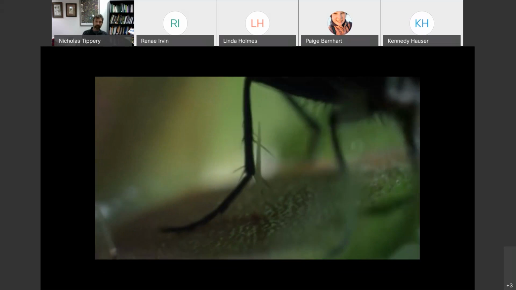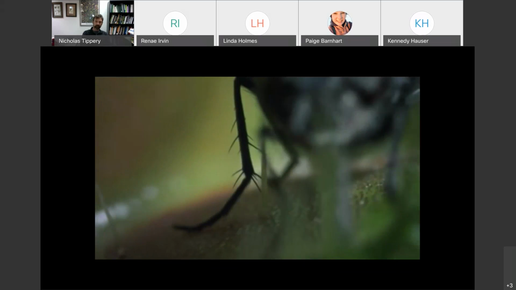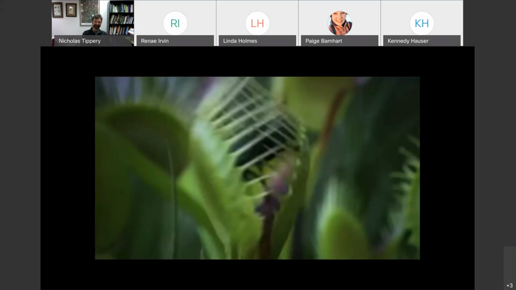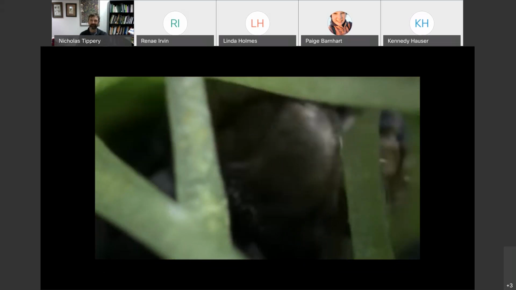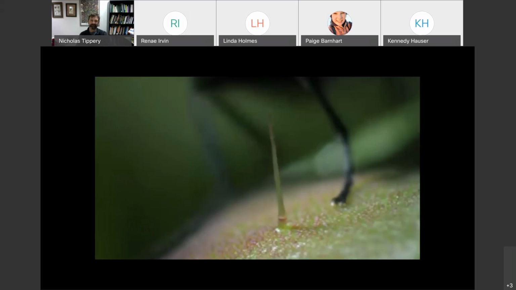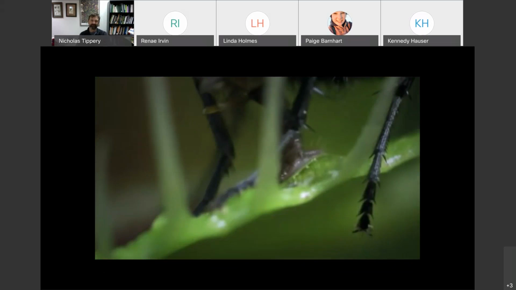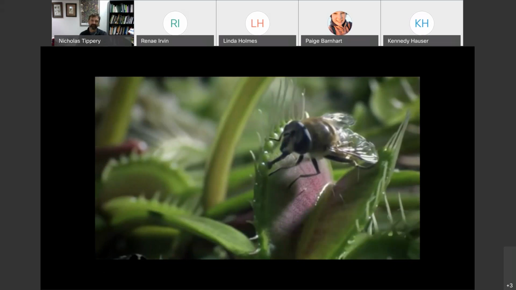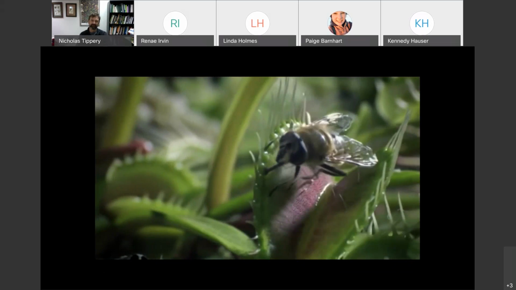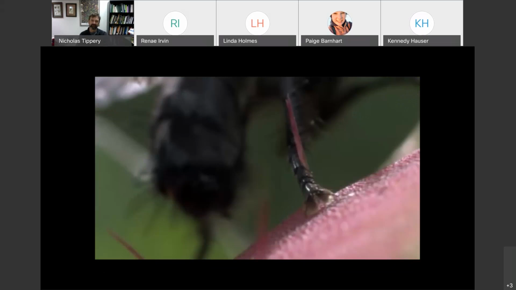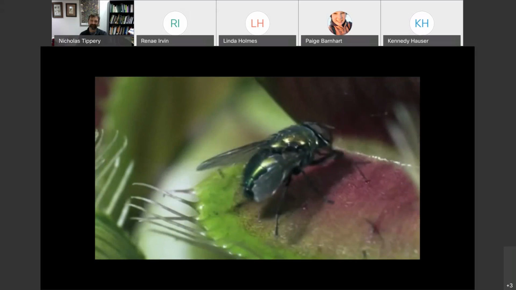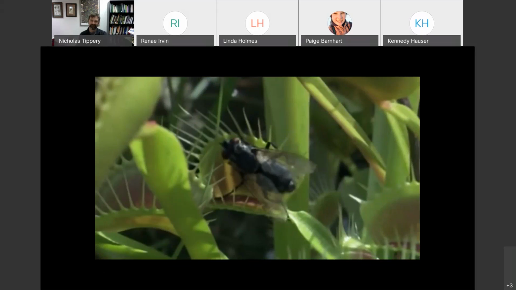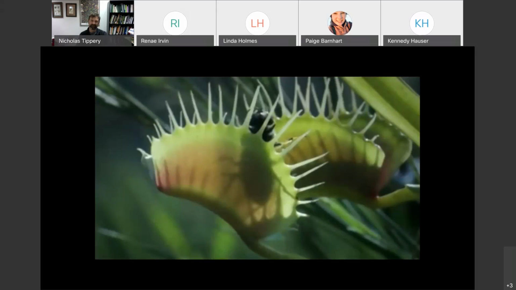A second contact while the timer's running, and an electrical impulse is triggered, and the leaf snaps shut in a fraction of a second. The tips lock together like prison bars. If the fly is very big or very small, it may just beat the rap.